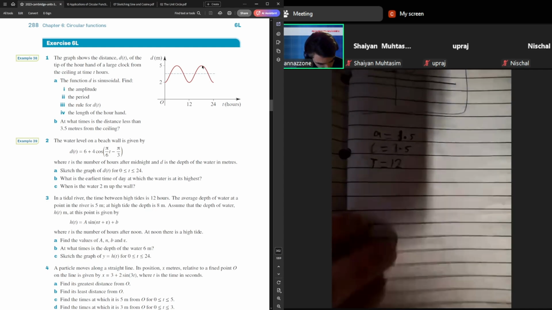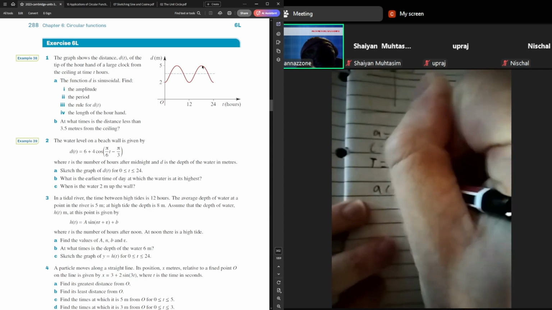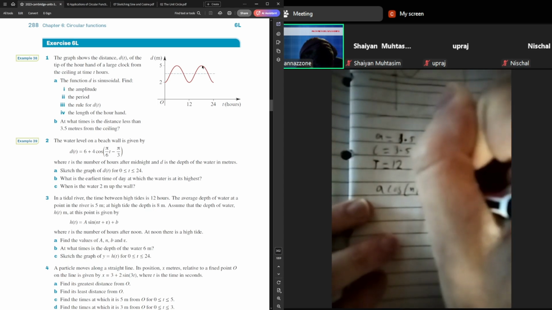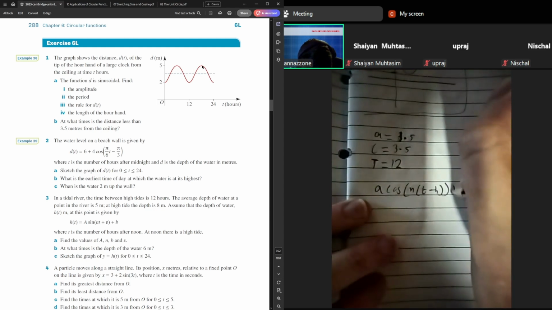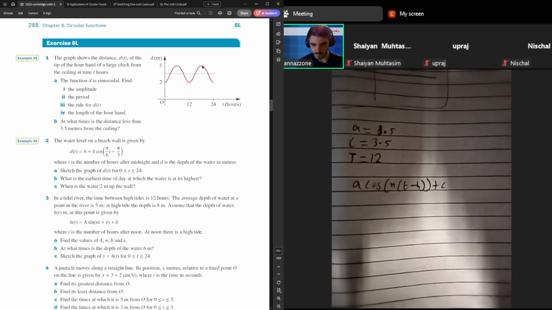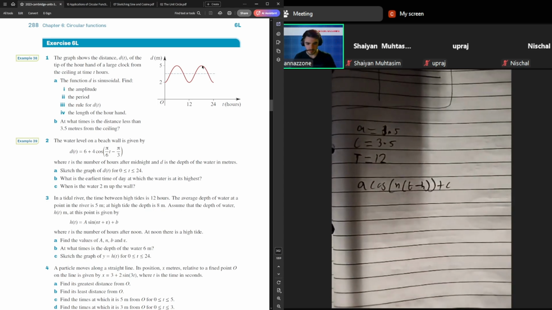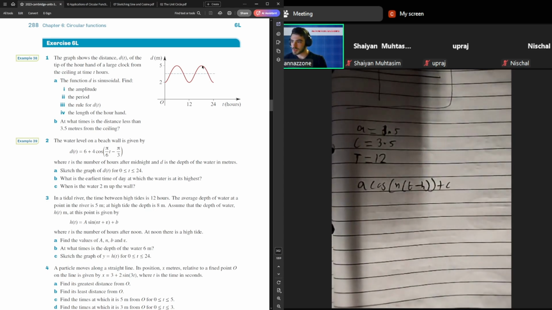So we're going to have something like a cos n bracket t minus h, plus c. That's a generic cosine with amplitude, period, c, horizontal translation, that sort of thing. What can we do now that we have a starting point? Substitute some values, yeah.